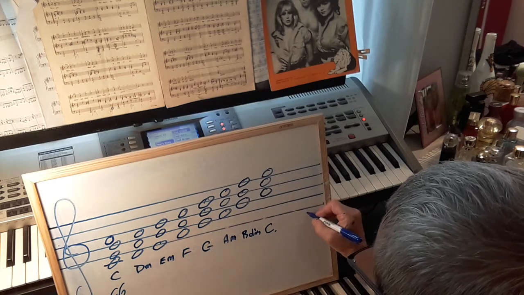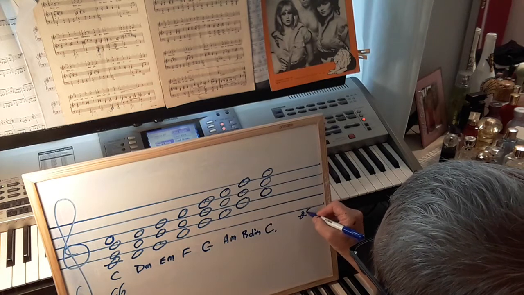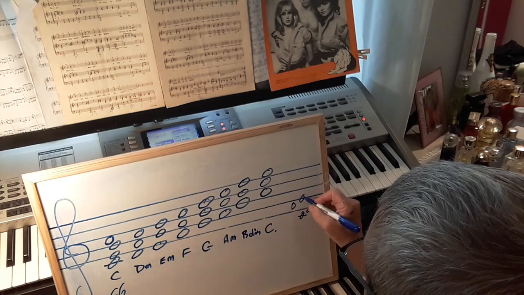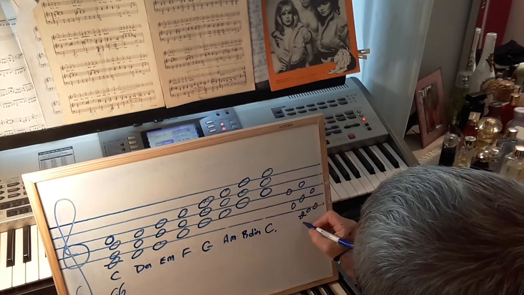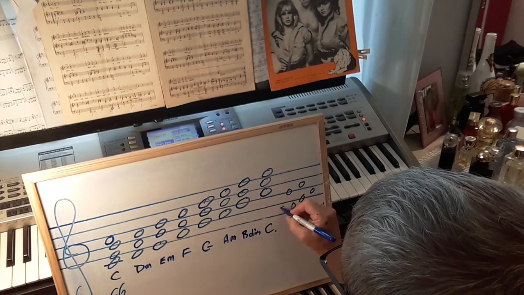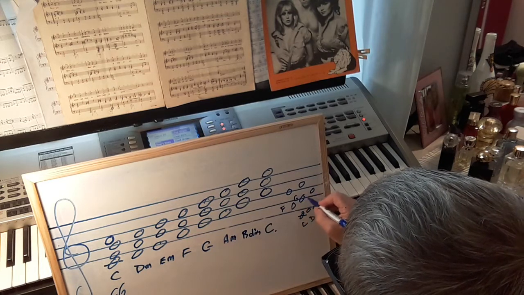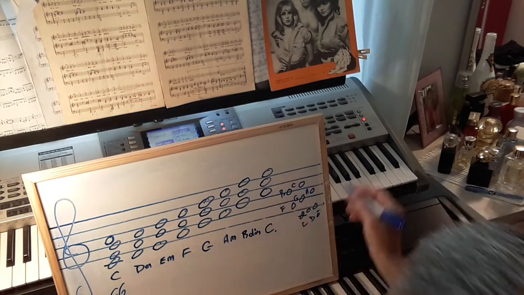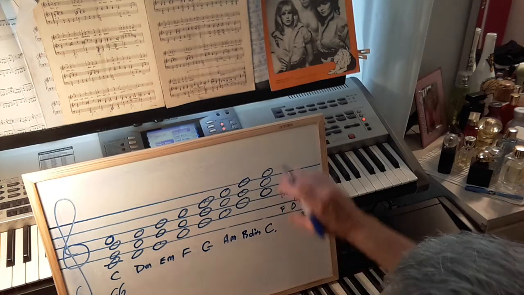I'm trusting you that you know what the notes are on the scale. This is E, that is a ledger line, that's C, that's D, that is E, that is F, G, A, B, C. Okay, so that's C, D, E, F, G, A, B, and C. They're the notes on the staff.